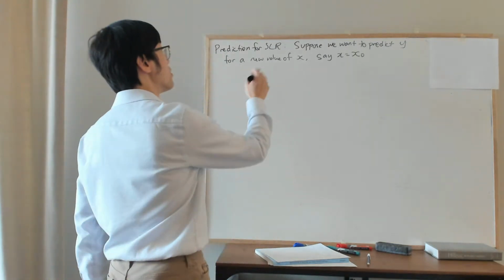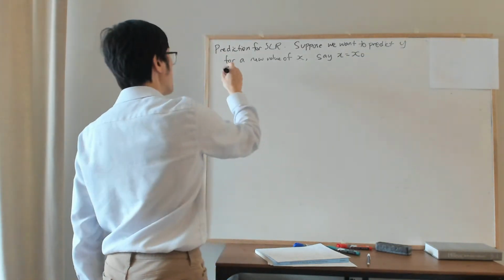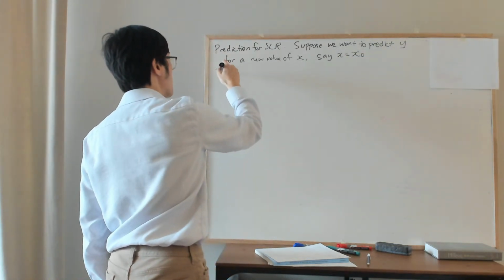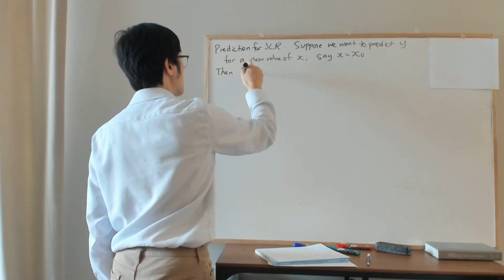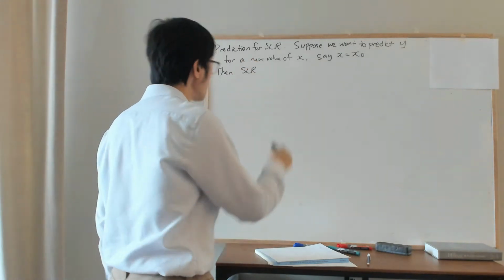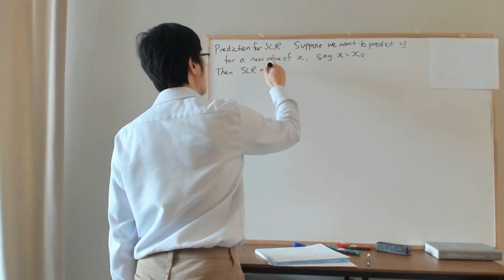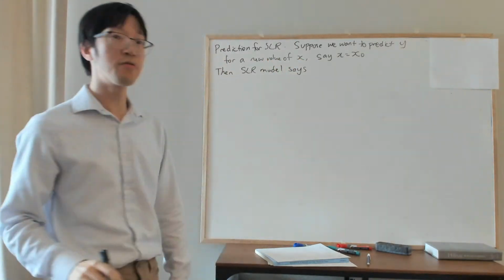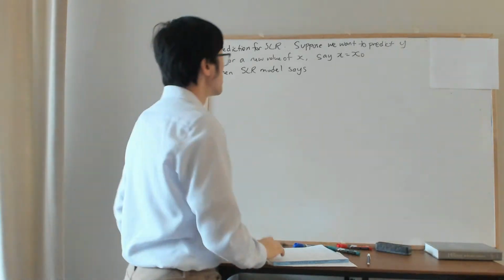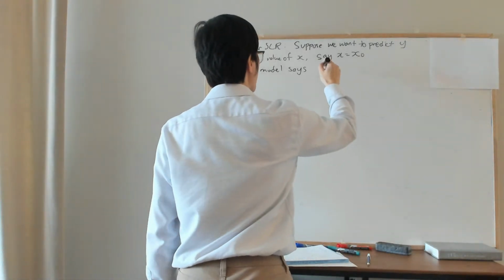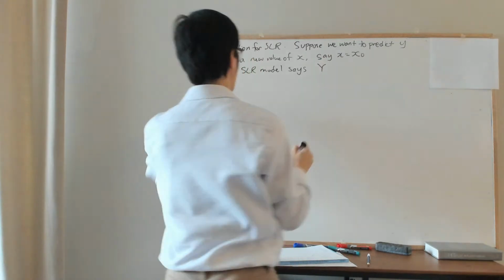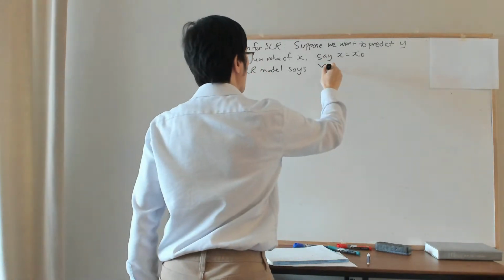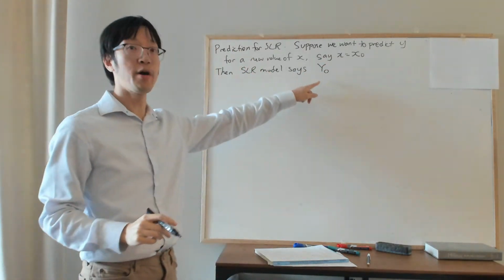So first, the simple linear regression model would say this. Okay, so let's remind ourselves of the form of the model. We're going to need another random variable here since we're talking about the model. So I'm going to call this capital Y sub 0.